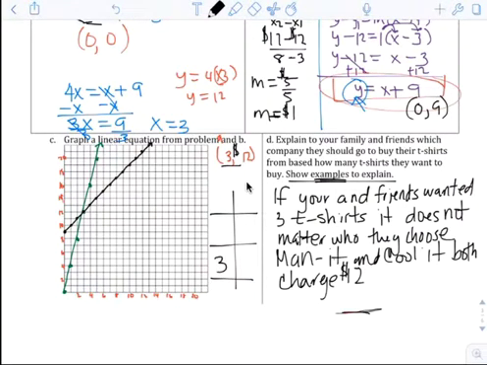Put 3 for Cool It. Yes, I would make a table.